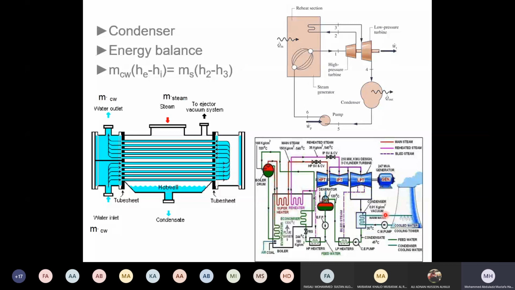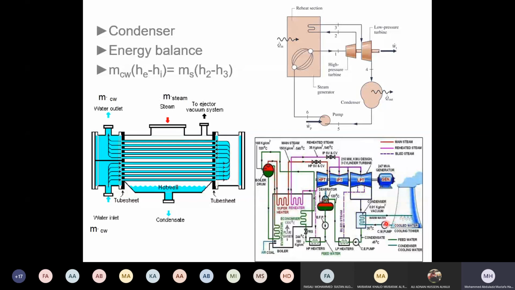So I want to discuss the energy conservation for the condenser here. The question normally is what is the amount of cooling water that we need to condense the steam. I need to take heat from the steam, condense it, and this heat will be taken by cooling water.